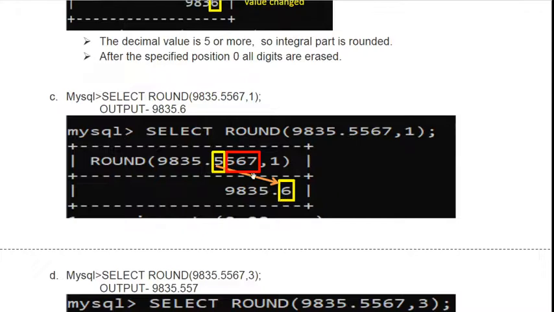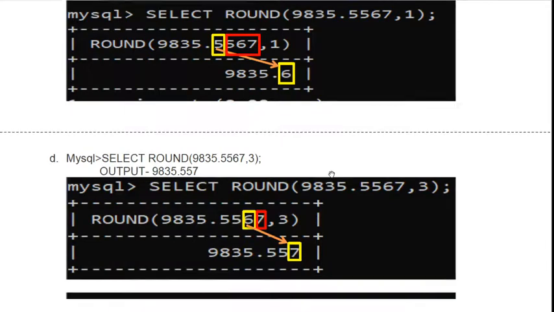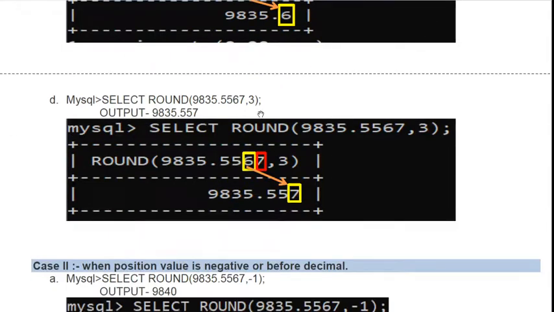And the rest of the digits will be erased. Next one, plus 3, the third digit is 6. To round, it will check the next one, that is 7, so it will increase, so this 6 becomes 7 and 7 is erased. Due to this value, only 3 digits will appear in the decimal part.